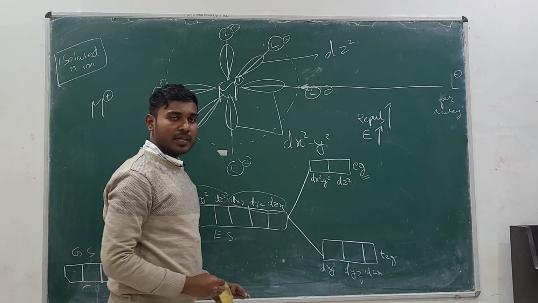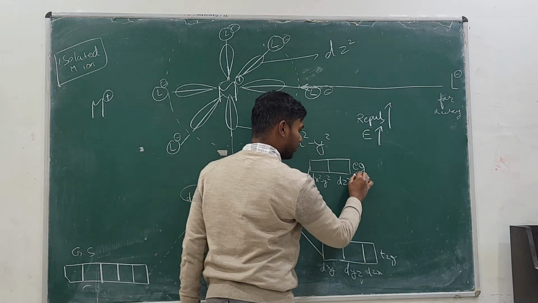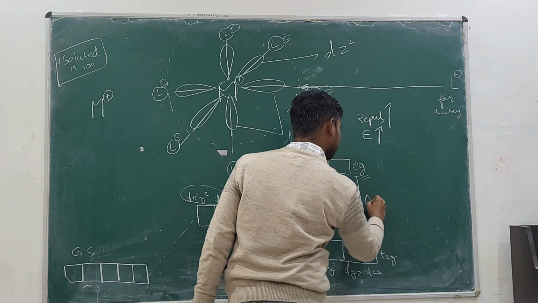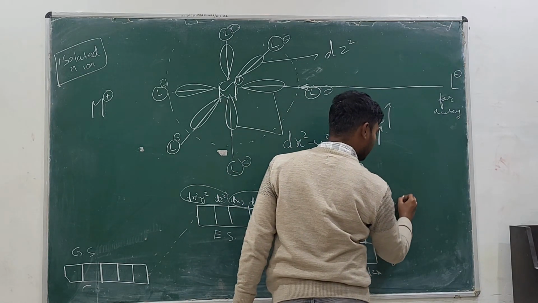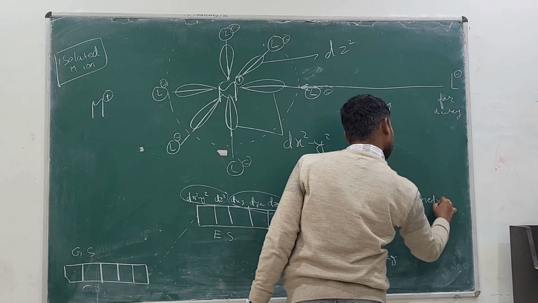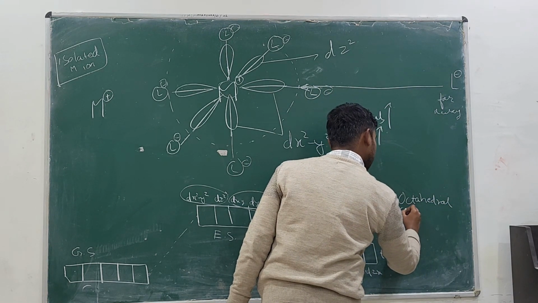Now our d orbitals are split into two different energy levels. The energy difference between the two energy levels is named delta O, where O specifies the octahedral crystal field splitting energy.